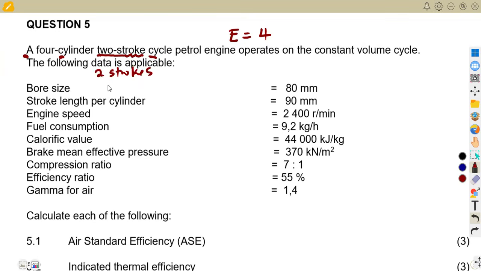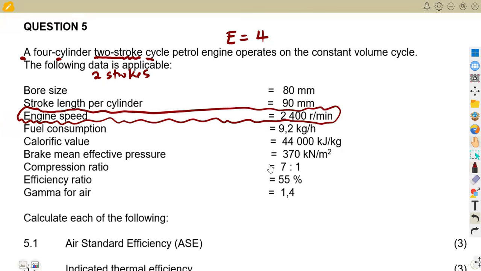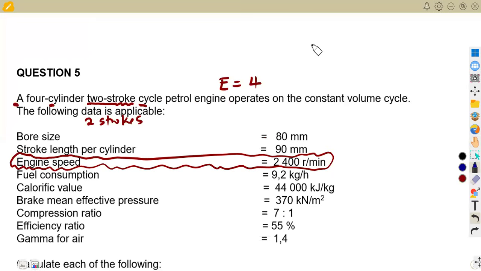So where and how does the number of strokes affect our calculations? This affects the engine speed, our N. From our calculations, provided that we have our speed in revs per second, N is going to be the speed in revs per second over 2 when we are given a 4-stroke.